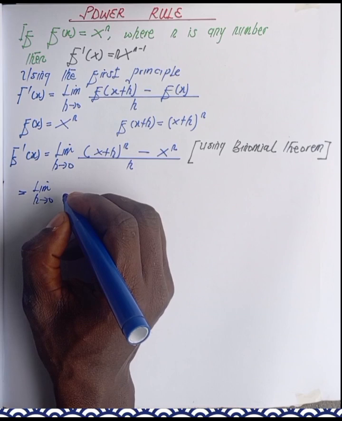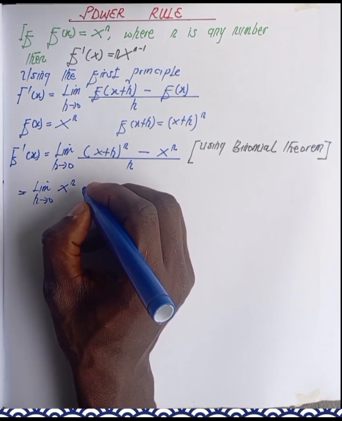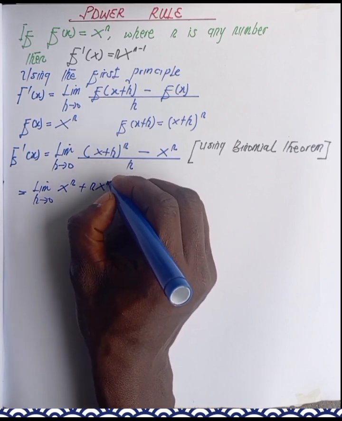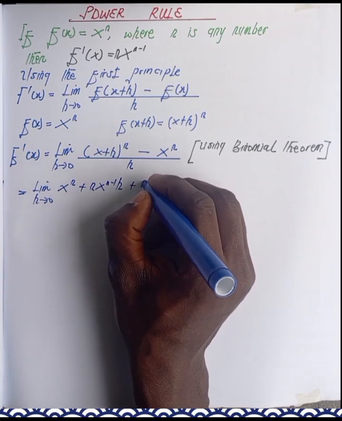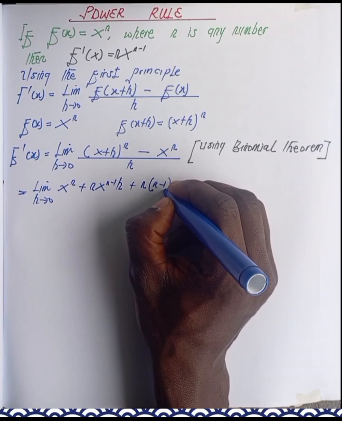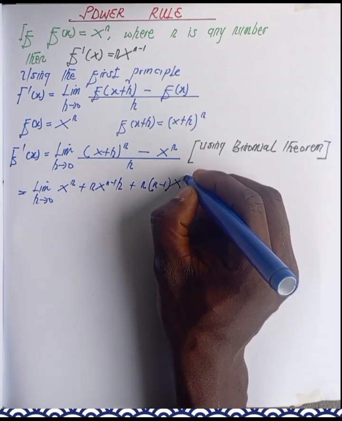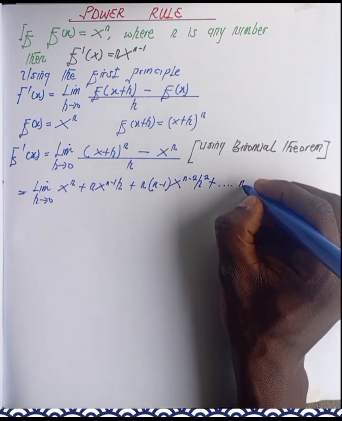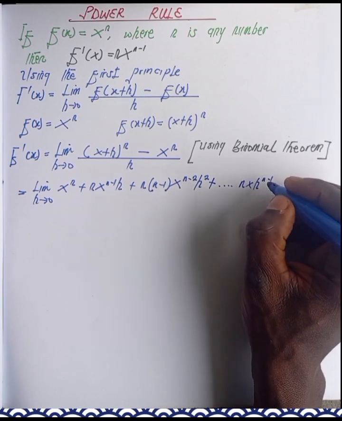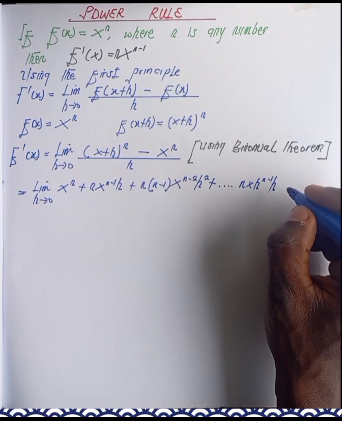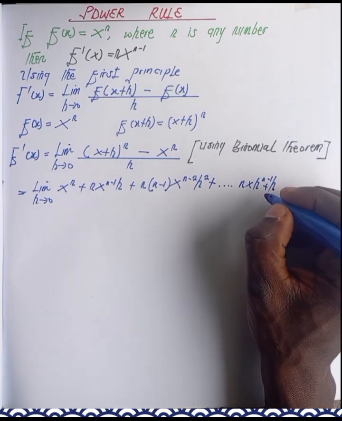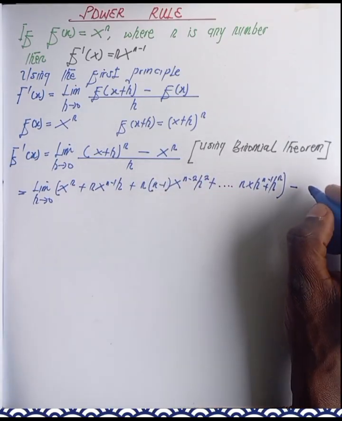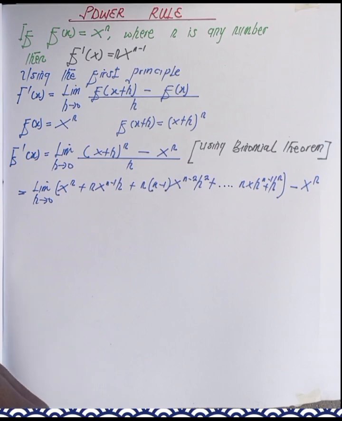In expanding this using the binomial theorem, we are going to get x^n plus nx^(n-1)h plus n(n-1)x^(n-2)h^2 plus, let's write the last two terms, which is nxh^(n-1) plus h^n, and then we have minus our x^n, all over h.